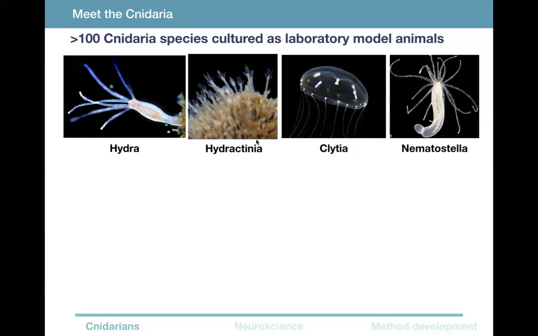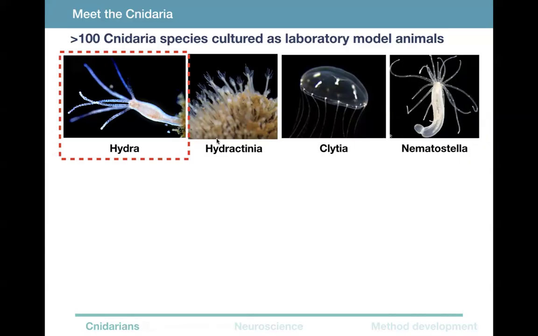Hydractinia, which are colonies of saltwater polyps that spread over shells and clone themselves and spread over whatever surface you put them on. Clytia, which serve as a model jellyfish, and Nematostella, which are these frighteningly long anemones, something like a couple inches, and sort of creepy looking. They live in brackish conditions.